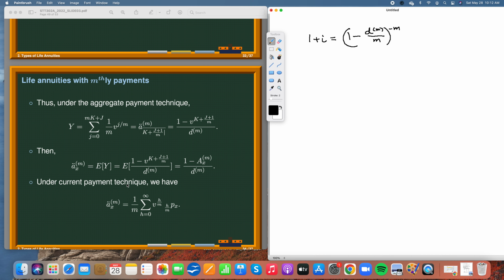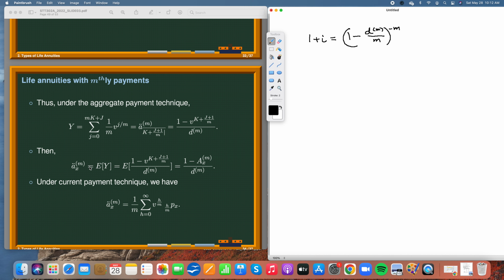Then, when you get the expectation of Y, this is what you get. The expectation of v to the K plus 1 plus J plus 1 over m is actually capital A sub x to the upper m.